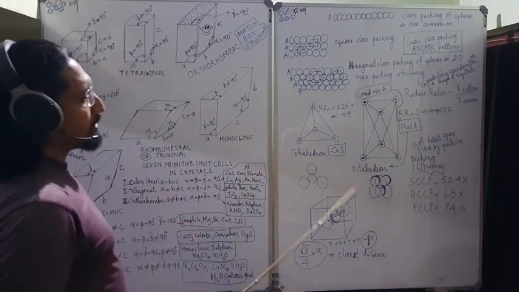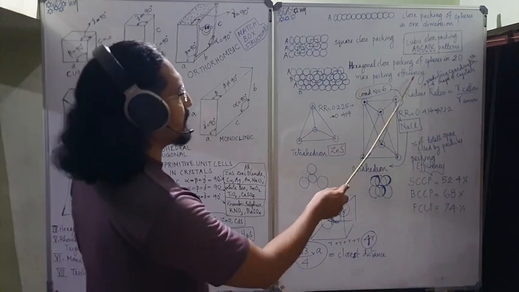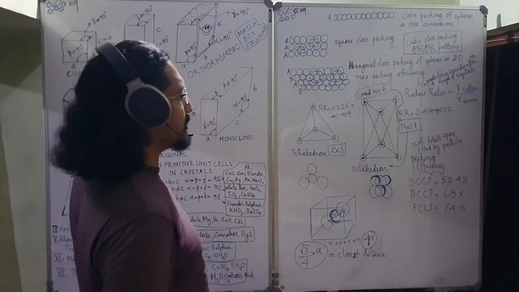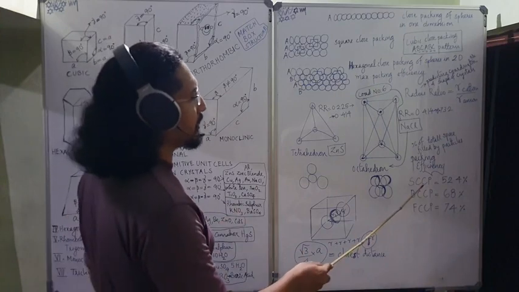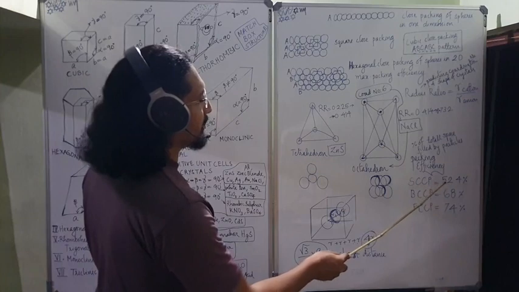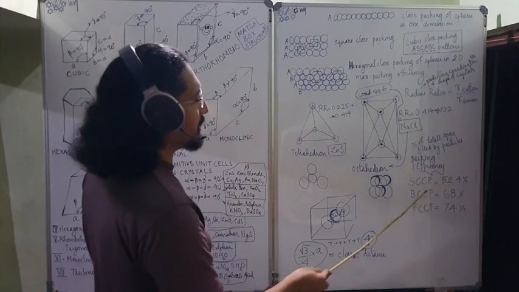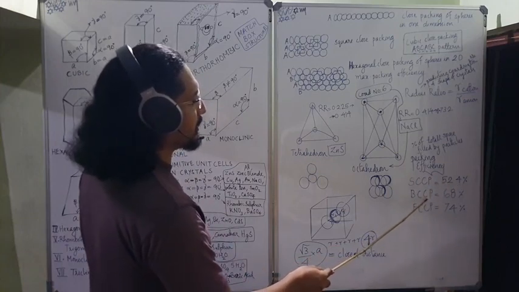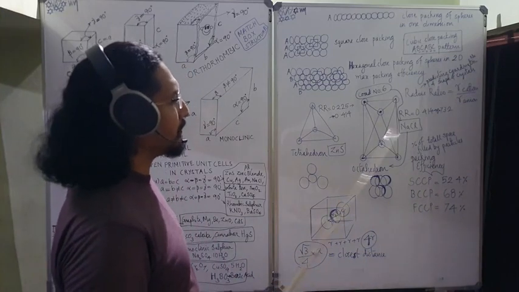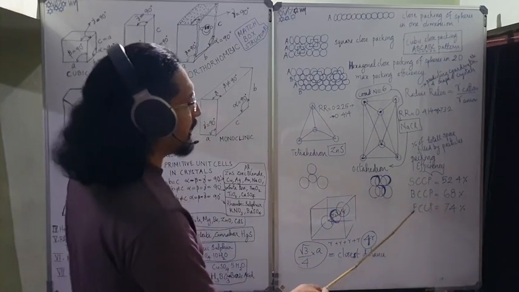Here there is another thing, maximum packing efficiency, which I mentioned earlier. You have to memorize the packing efficiency order. Simple cubic packing has a packing efficiency of 52.4%. Body-centered cubic packing has a higher efficiency, nearly 68%.